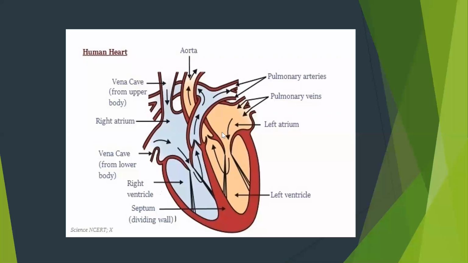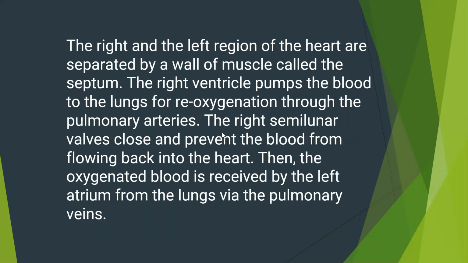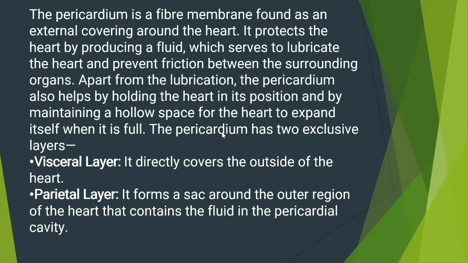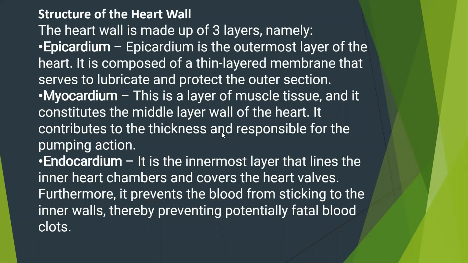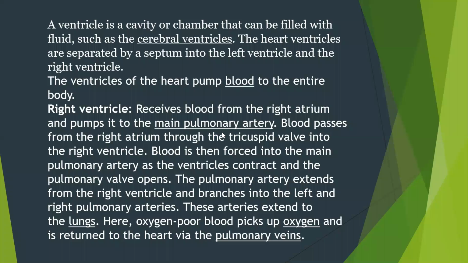Now what is tricuspid and what is bicuspid? Tricuspid means here we have three flaps. It's a muscular structure with three flaps, but on this side we have bicuspid because we have only two muscular flaps. So this is actually the function. Now, blood is then forced into the main pulmonary artery as the ventricle contracts and the pulmonary valves open.